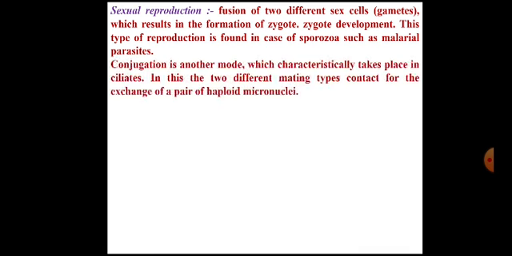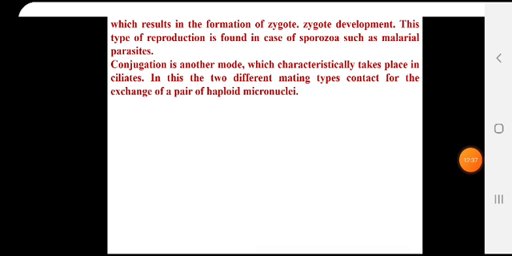Another way of sexual reproduction is conjugation. What happens in conjugation is that two cells having genetic material, that is a micronucleus, several sets of micronuclei, combine together, and then there is exchange of genetic material between these two cells. The genetic material from one protozoan gets transferred into another protozoan.